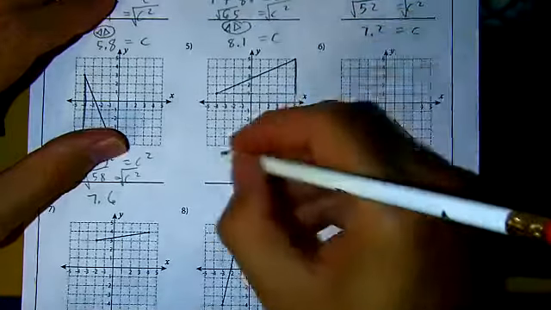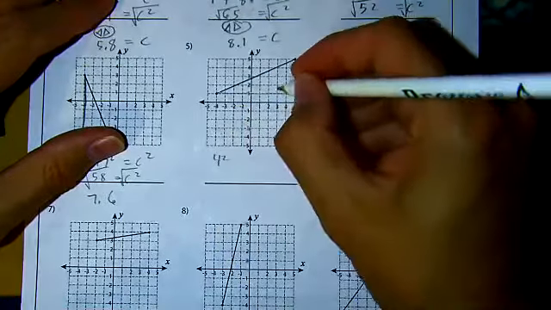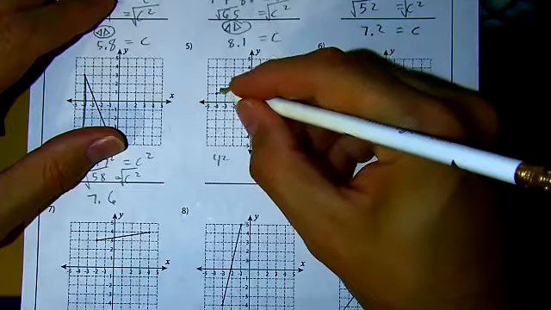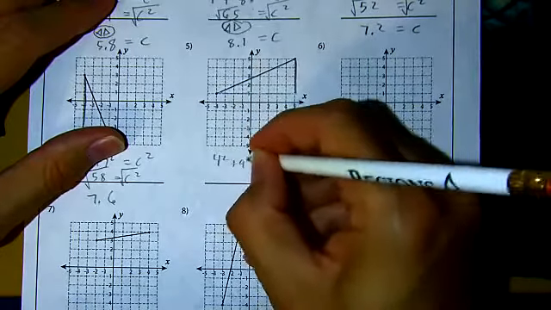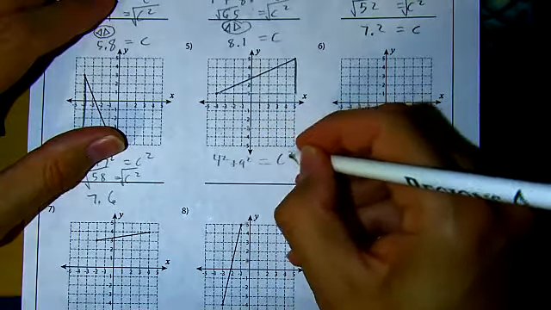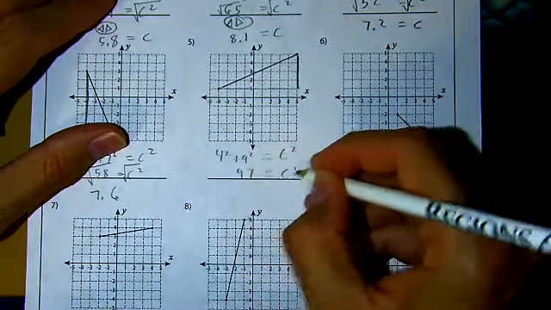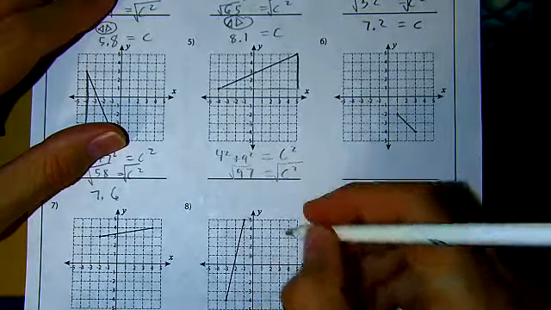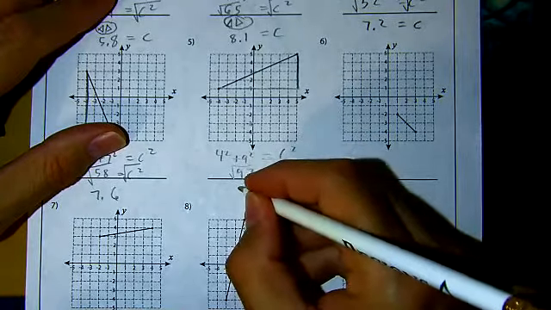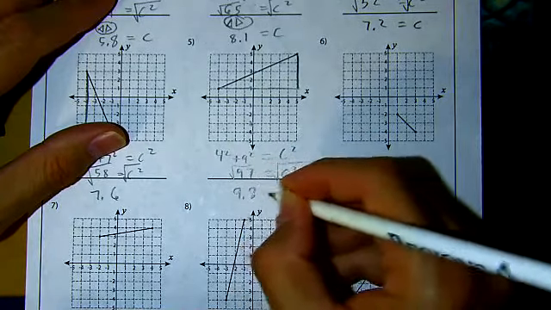1, 2, 3, 4. 1, 2, 3, 4, 5, 6, 7, 8, 9. That gives you 97. Take the square root. Hit the change key. It's going to give you 9.8.